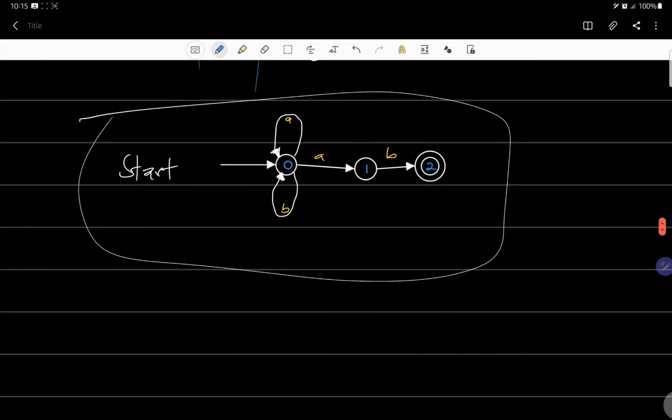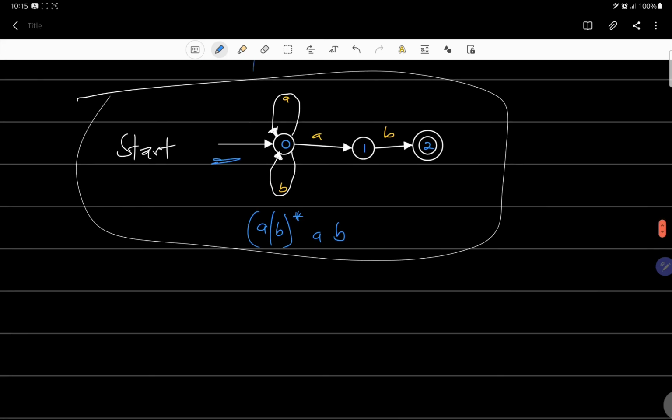This simply means, if you want to write this as a regular expression, you can write (A or B) with as many occurrences, then A, B. So let me draw this out again. When you say A or B and many occurrences of either, then A and B.